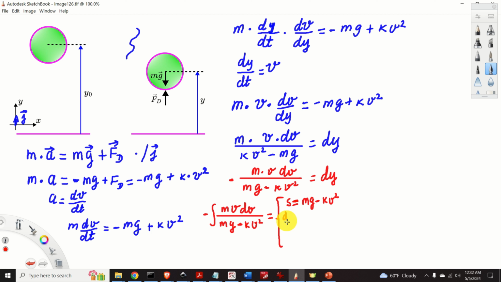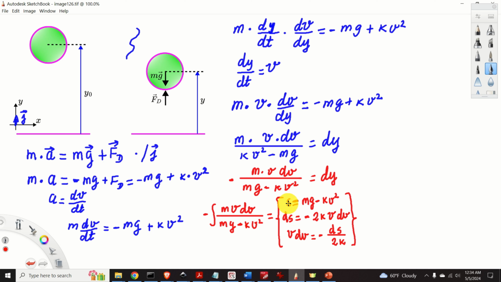What is ds? ds is the derivative of mg, which is 0, consequently I will have 0 over here, and if I differentiate kv squared, I will obtain minus 2k v dv. Aha, okay, let's see what is v dv. From this expression, v dv is actually equal to minus ds over 2k.